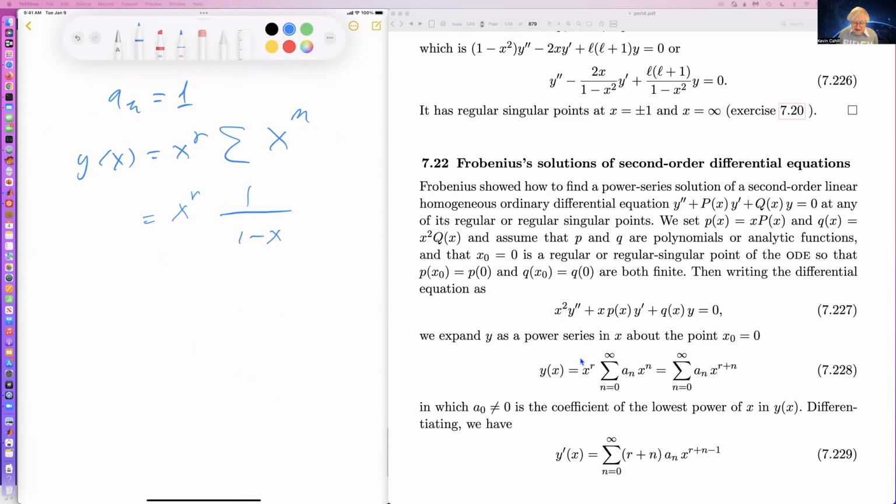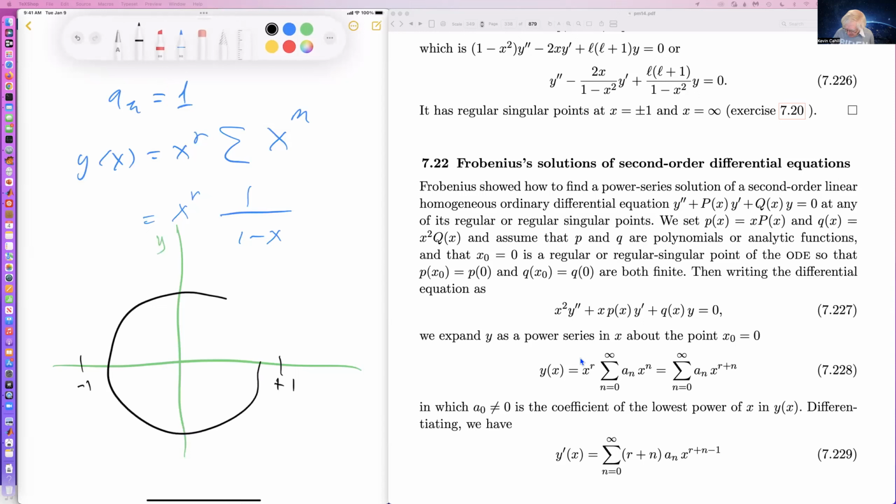Well, that's fine if your physical region, let's draw the x-axis here, and this is y, and I'll put a point here, -1, +1. If the physical region is between the two yellow marks, then this is a fine solution, 1 over 1 minus x.